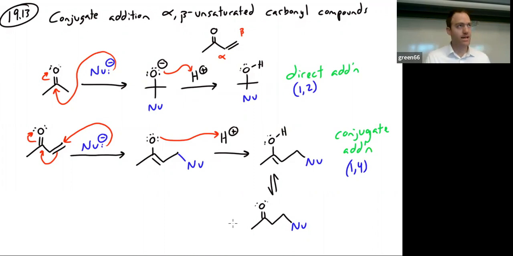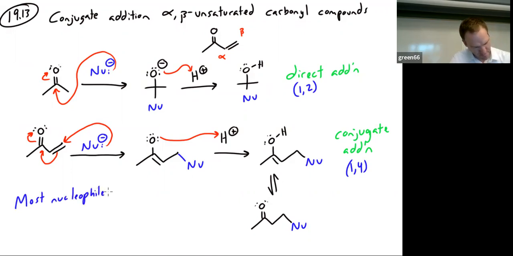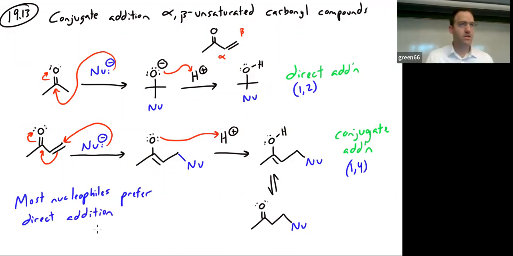Most nucleophiles exhibit a preference for direct addition. So some nucleophiles we've talked about: hydrides, Grignards, O-, C- for that matter. Grignards, a C-. All of those prefer to attack in this sort of fashion, where the carbonyl gets attacked directly.